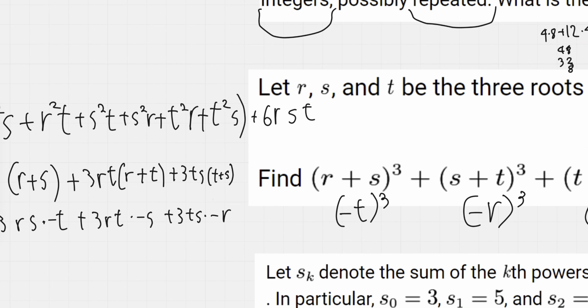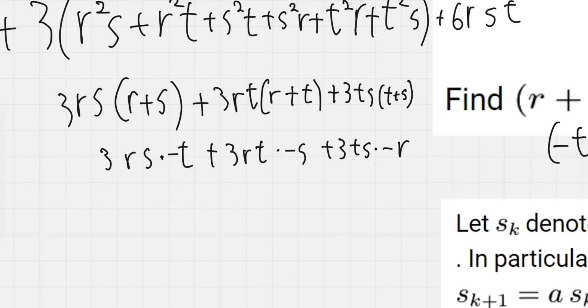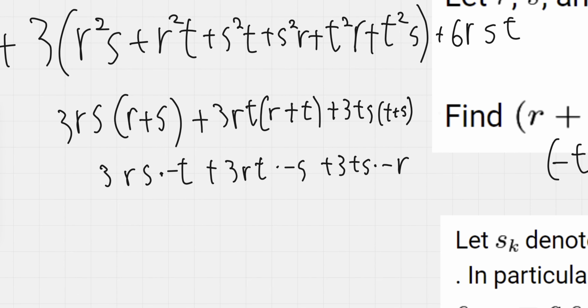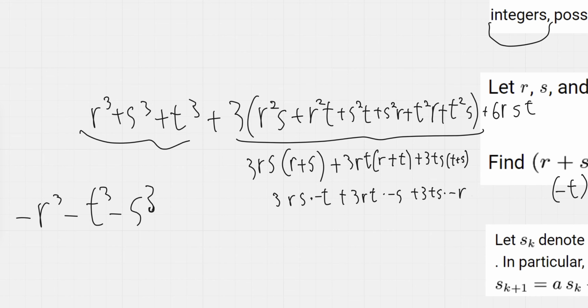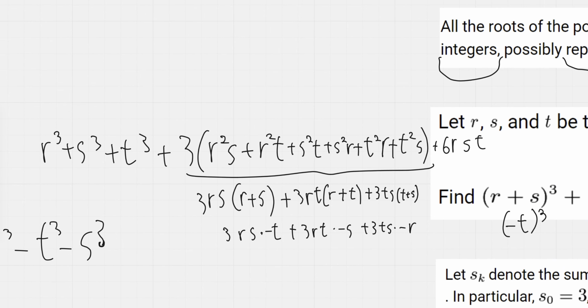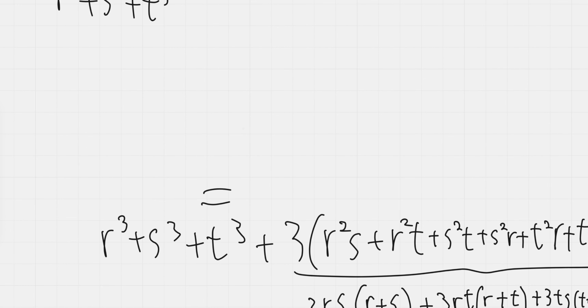Remember, because the sum of the roots is 0. So this is very useful, because now we've simplified this whole expression in terms of rst or in terms of r cubed, s cubed, and t cubed, as we wanted. Oh, and you might want to remember what this actually was. This was the sum of all the roots cubed, which is just equal to 0.